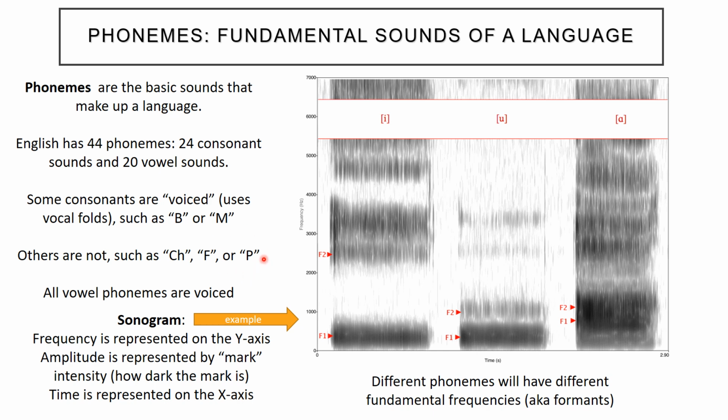But when I combine that consonant with a vowel, such as pa or po or poo, now I'm vocalizing, but the vocalization part is falling on the vowel sound. All vowel phonemes are voiced. Po, poo, pee, pe. You can see the vowel portion involves using the vocal folds.